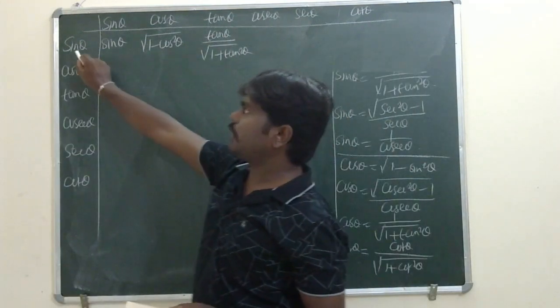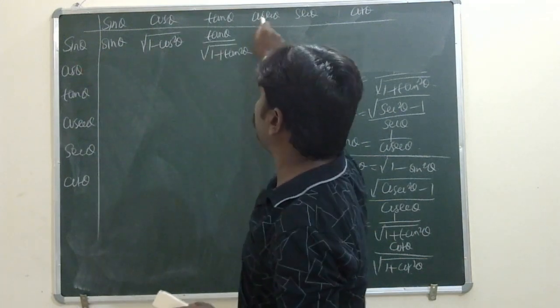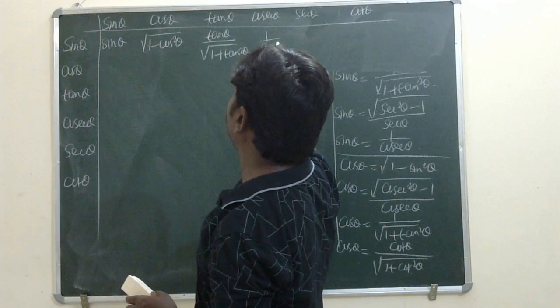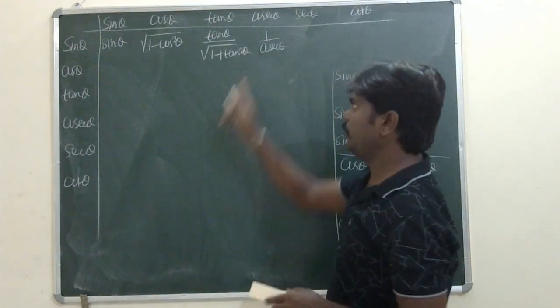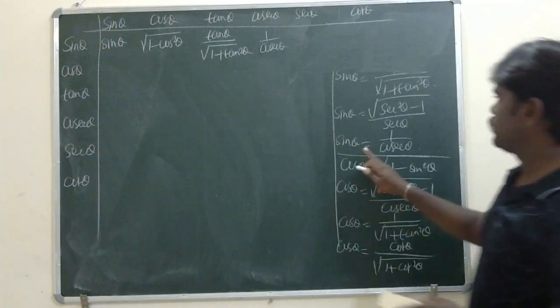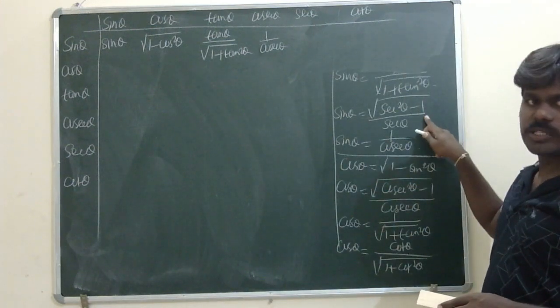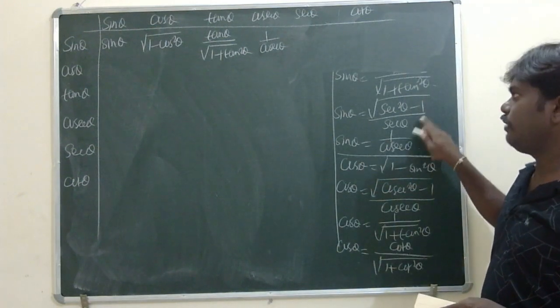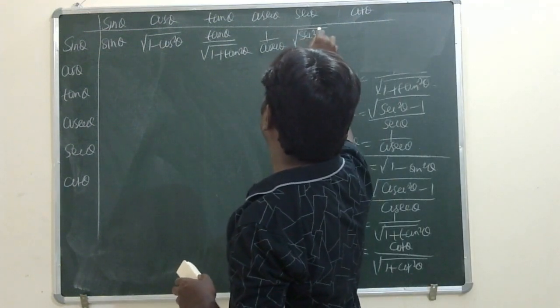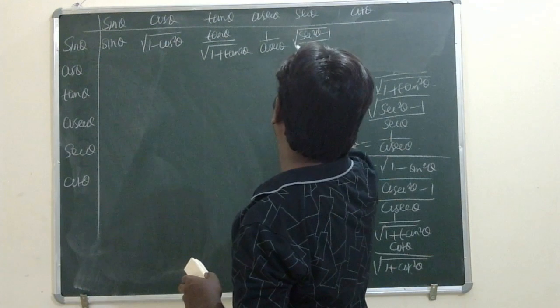Already we know that sin theta and cosecant theta are reciprocals, so 1 by cosecant theta is nothing but sin theta. Next, sin theta in terms of secant is what? The square root of secant square theta minus 1 divided by secant theta. So here the square root of secant square theta minus 1 by secant theta.